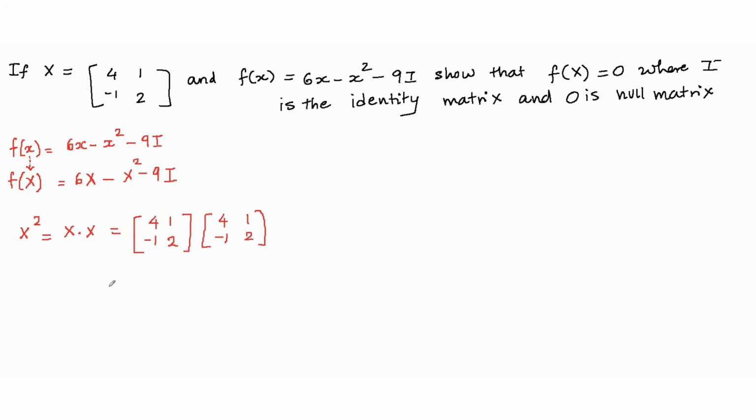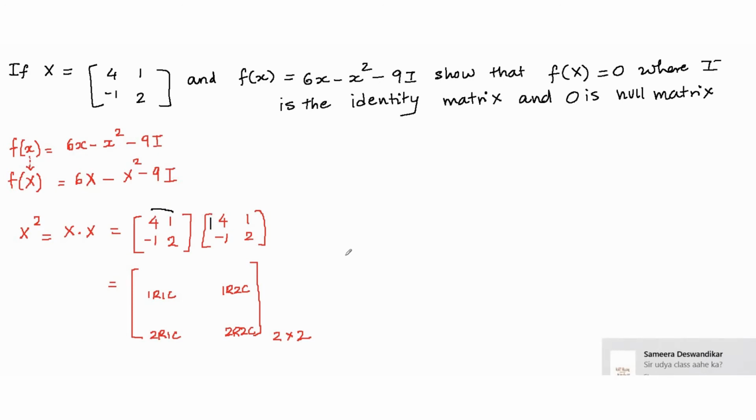Now this is a 2 by 2 matrix. So multiplication of a 2 by 2 matrix with a 2 by 2 matrix results in a 2 by 2 matrix. This is first row, first column. This is first row, second column. This is second row, first column, and this is second row, second column. And now let's start the multiplication. First row, first column. So the way I would do it is 4 4s are 16.